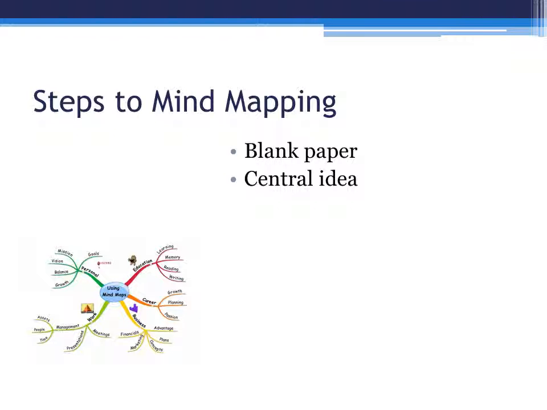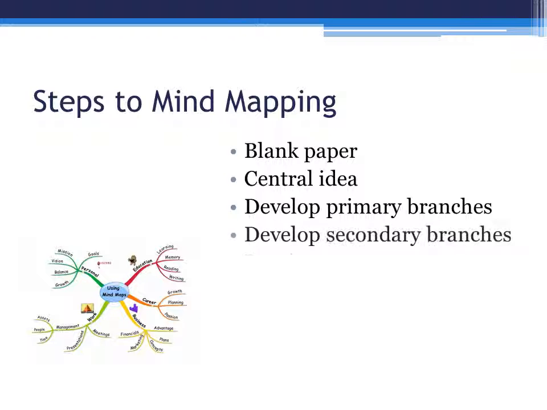usually in a larger shape. Again, this doesn't matter if you're doing this on the computer or on paper, it's the same concept. And that central idea is usually organized or broken down into 4 or 5 primary branches or main sub-ideas that the students can explore. And then from those 4 or 5 primary branches, we develop secondary branches.